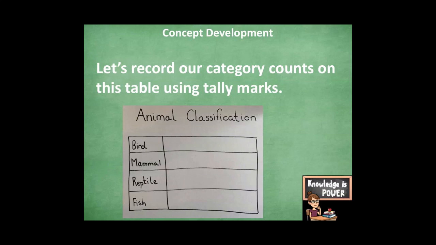Pause the video here and create your own animal classification chart on a piece of paper or in your math journal. When you are ready, press play and we will get right to work.